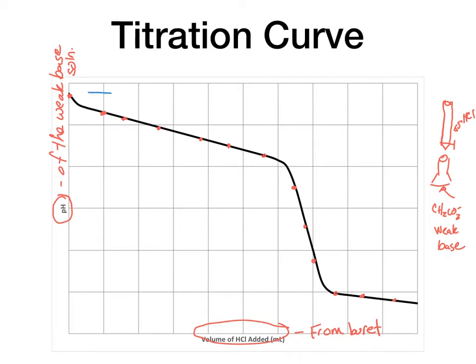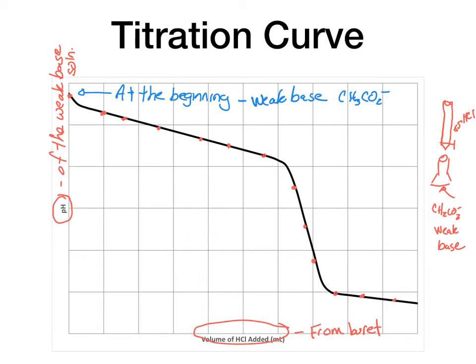For our example, at the beginning, this is when no HCl has been added. What we have is a weak base, our acetate ion.